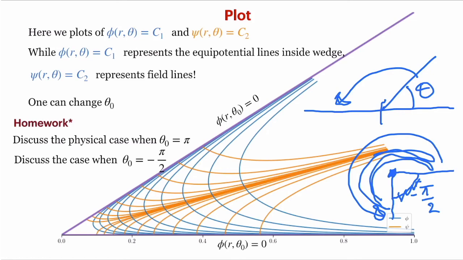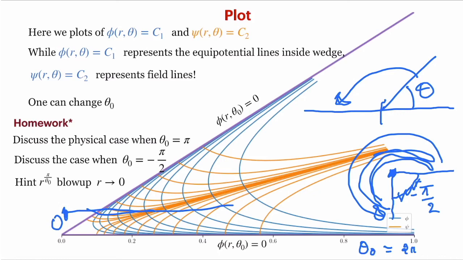The most interesting case would come when theta naught is equal to 2 pi. What happens when r goes to 0? The most interesting case comes when theta naught is equal to 2 pi. That means a plate which goes halfway, this is the origin, and kept in one direction.